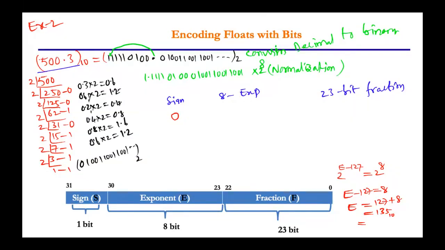So its binary equivalent of 135, if you convert this, you may get 1000011 in binary form. Then you can fill this exponent with 8 digits.